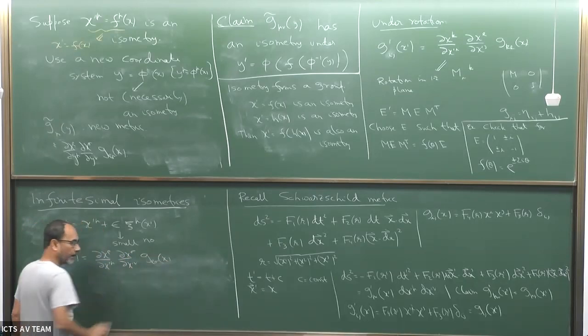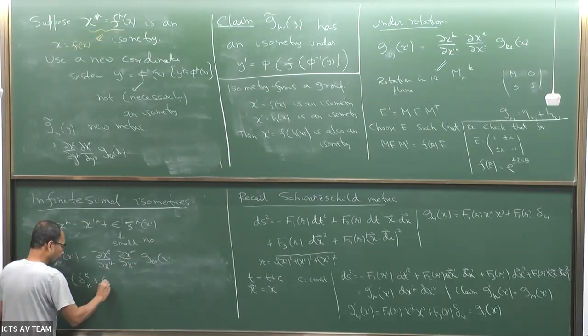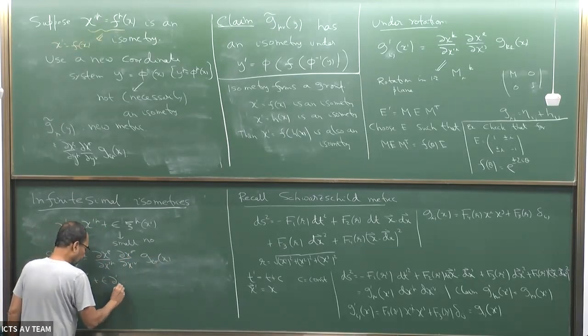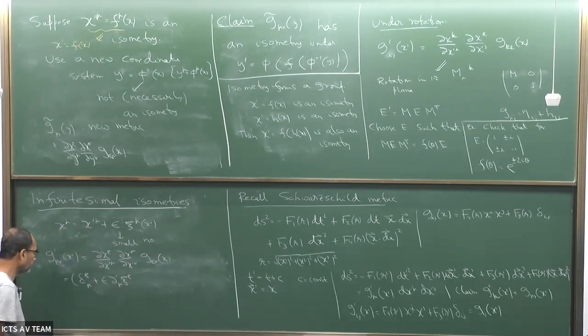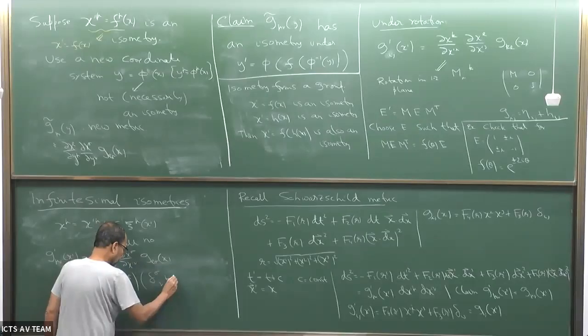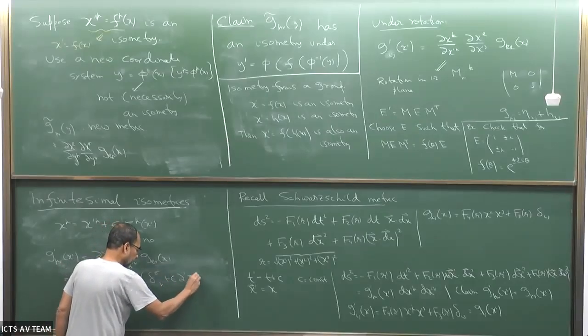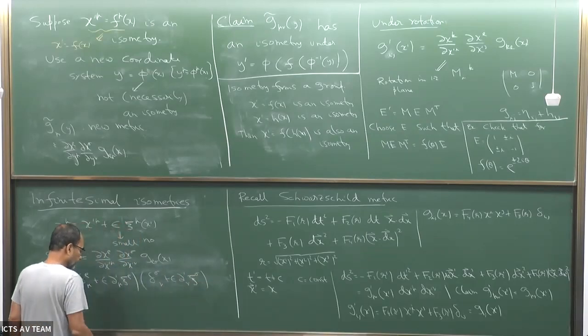This is so far a general coordinate transformation. I have not imposed isometry anywhere. So this will be given by delta rho mu plus epsilon times the derivative of xi mu, times delta sigma nu plus epsilon times the derivative of xi sigma.